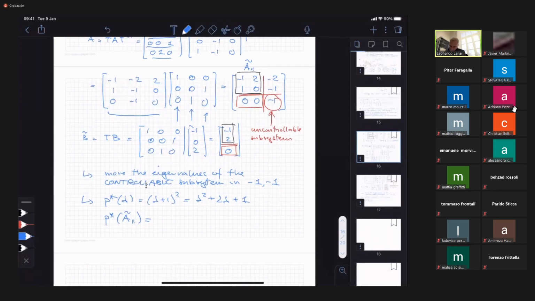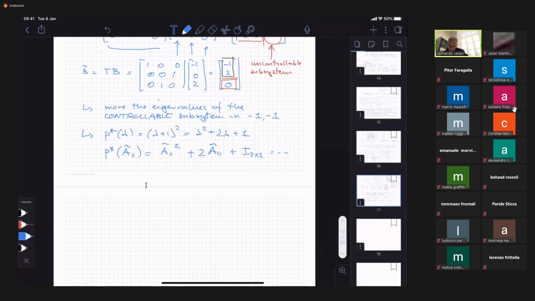And so we should compute, okay, this is a computation you can easily do: A11 tilde squared plus 2 A11 tilde plus the identity 2 by 2 matrix. And this would give a matrix.